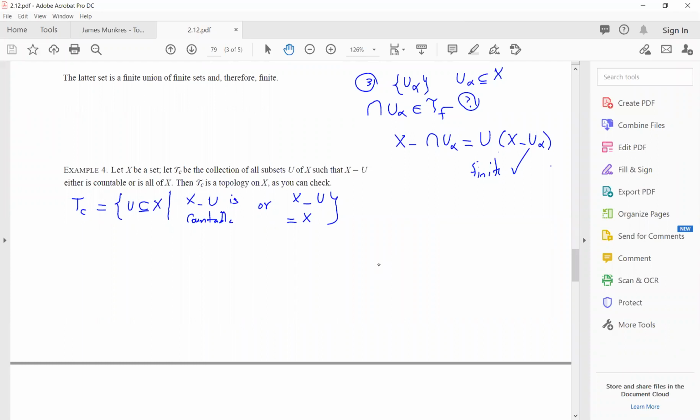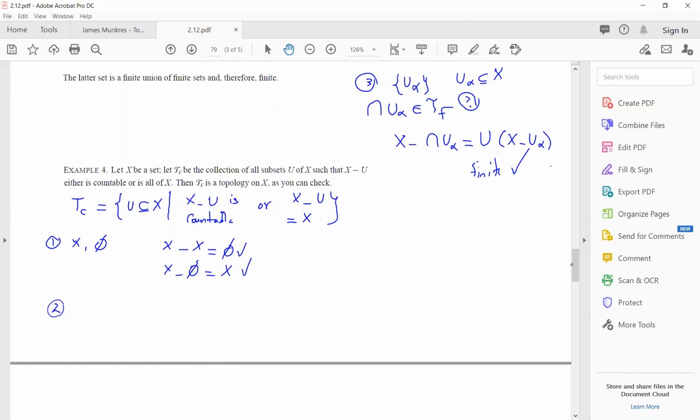So first of all, check to see if X and empty set are members of tau sub c. Obviously, X minus X is equal to empty set, which is countable. X minus empty set is equal to X. So the first condition is met.